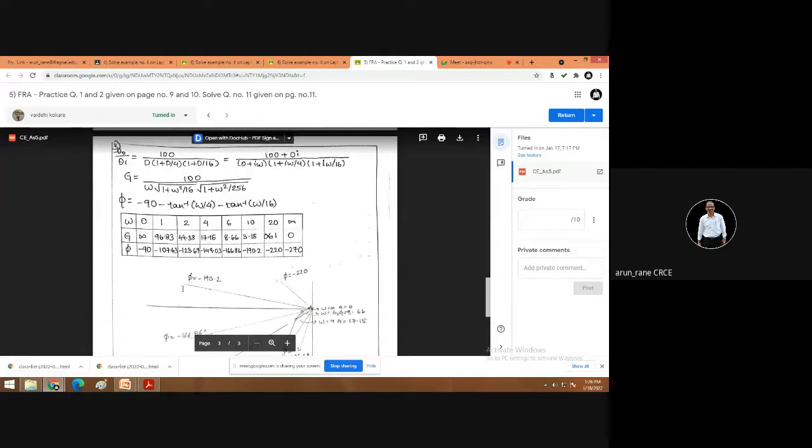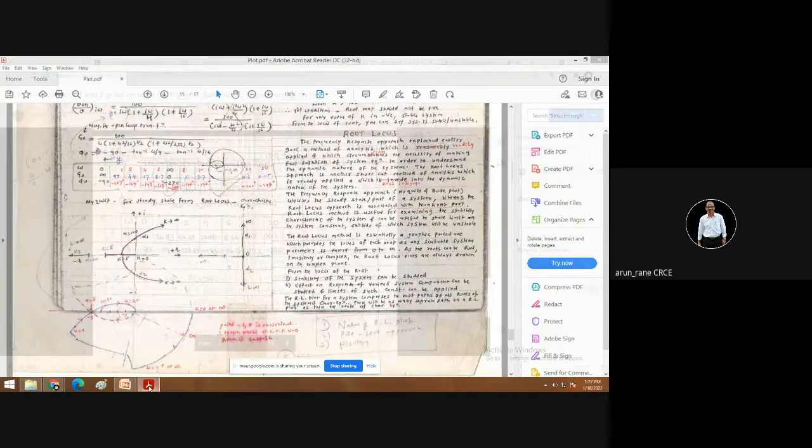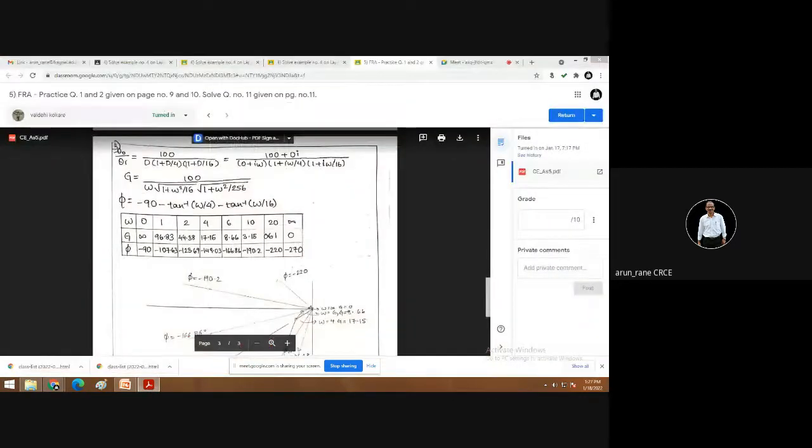So what is the mistake? First thing is that this is a third order system. So yes, it is ending here.